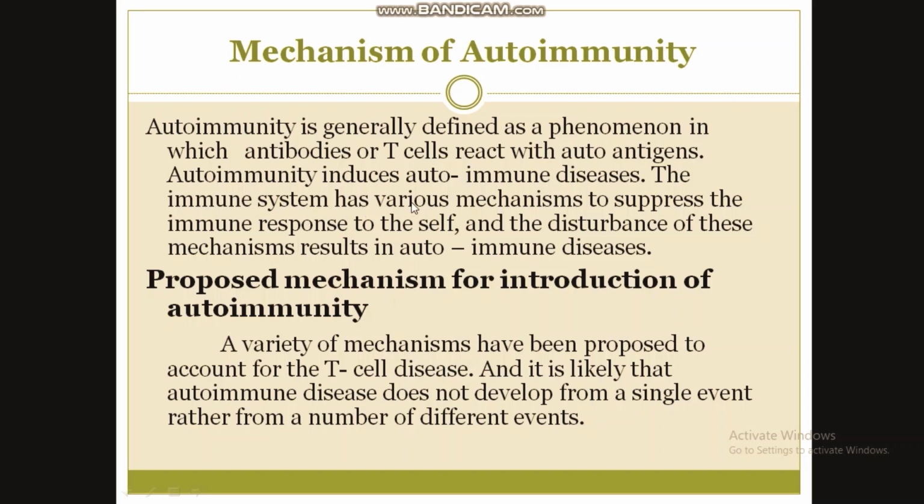The immune system has various mechanisms to suppress the immune response to self cells, and the disturbance of this mechanism results in autoimmune diseases. A variety of mechanisms have been proposed to account for these diseases, and it is likely that autoimmune disease does not develop from a single event, but rather from a number of different events.